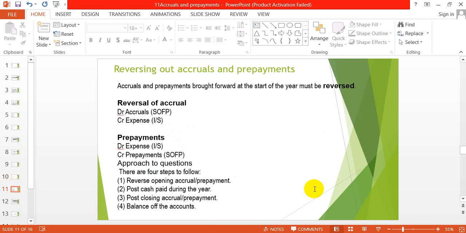Now at the beginning of the year, the accruals and the prepayments should be reversed. So the entry to reverse the accrual will be to debit the accruals in the statement of financial position and credit the expense in the income statement.